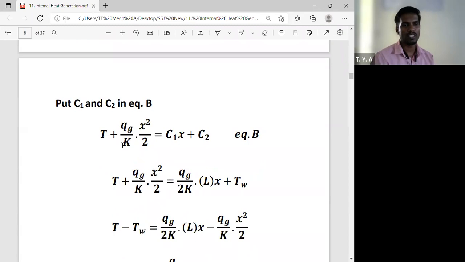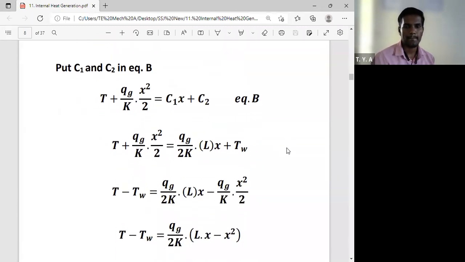T plus Qg/k x square by 2 is equal to C1x plus C2. So in this equation, L is equal to x.